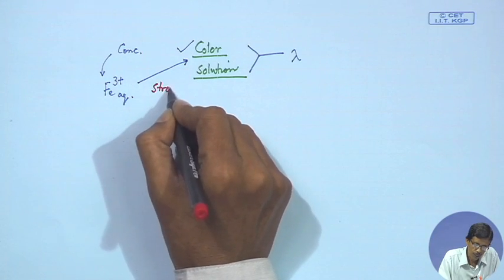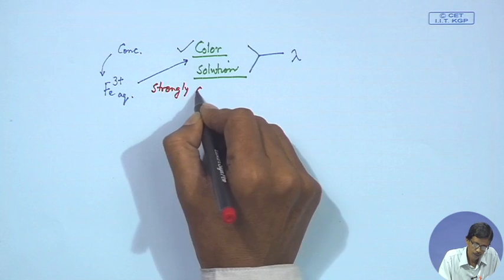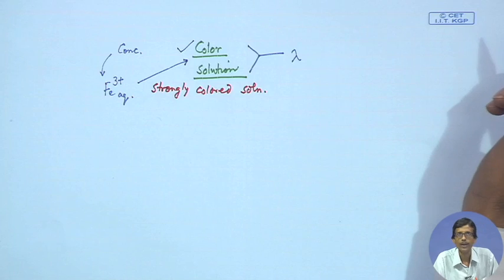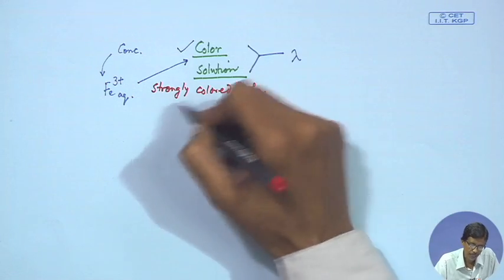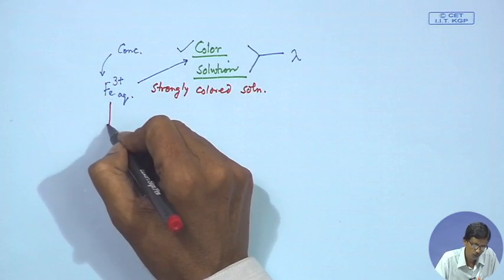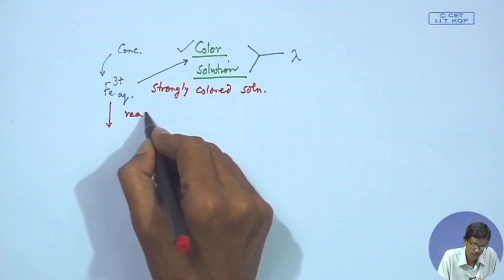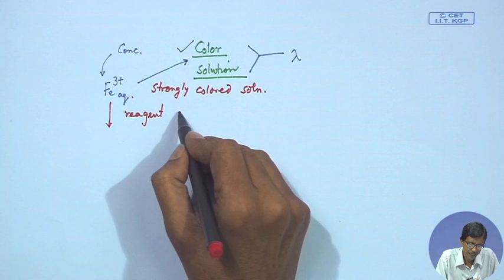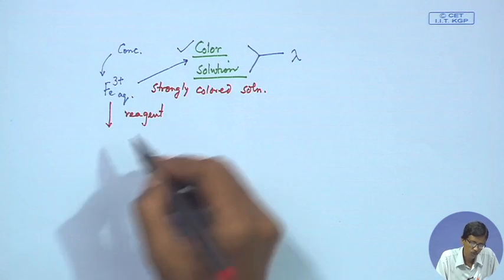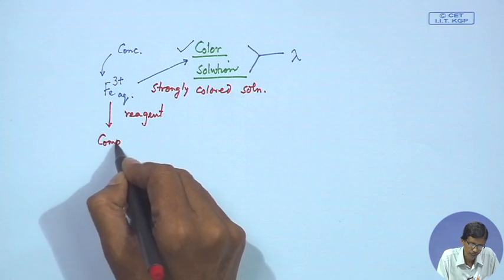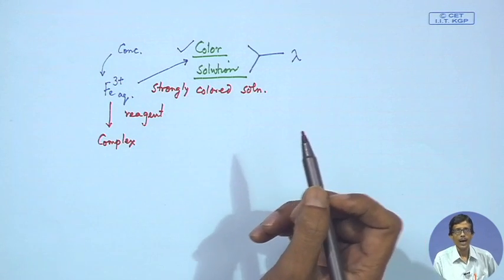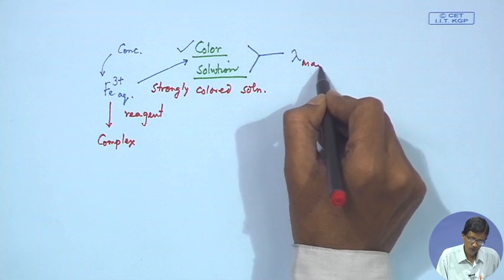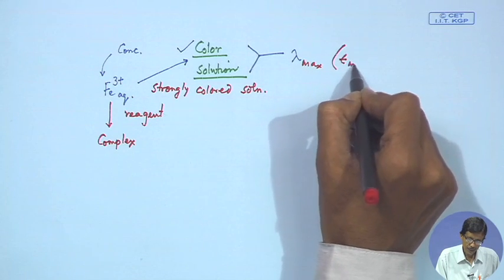So, a strongly colored solution we can make. We have to use some reagent, and that reagent gives rise to a metal ion complex, which is strongly colored, and we get a new lambda max value having a characteristic E max value.